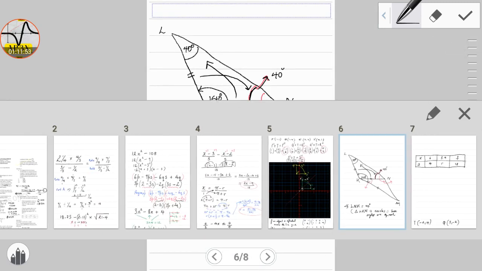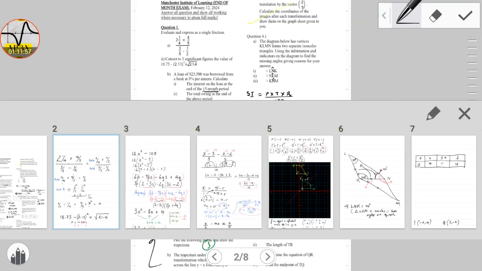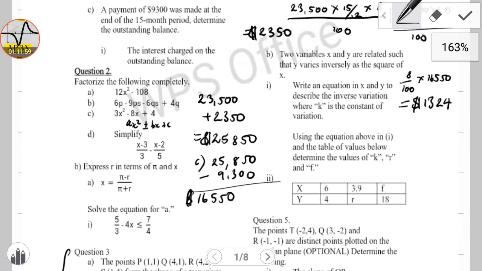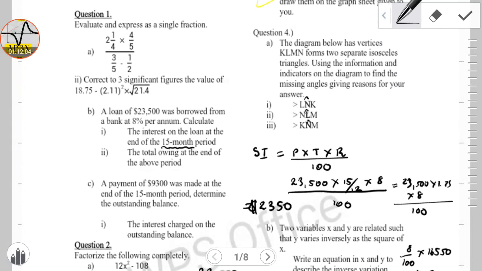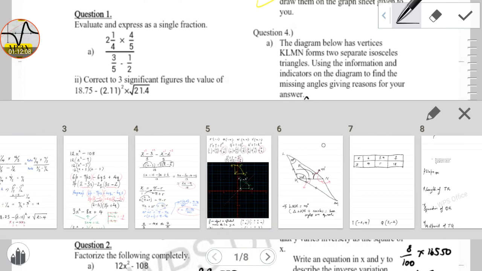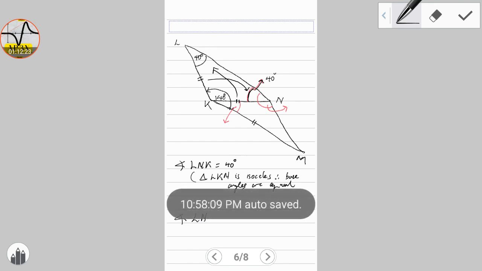Let's go ahead and look at the next question, which requires us to solve for NLM.